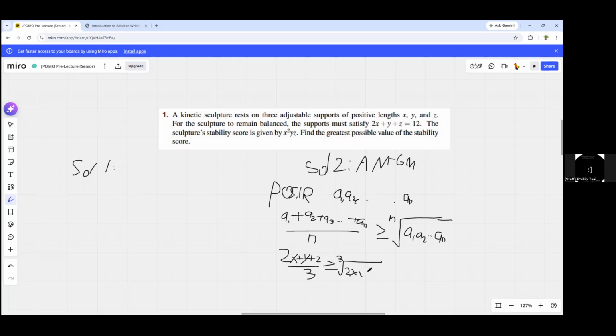But this is not x squared yz. The 2 is here, it's not on the exponent. So we can't use AMGM here directly to find the solution. So what do any of you suggest we do?